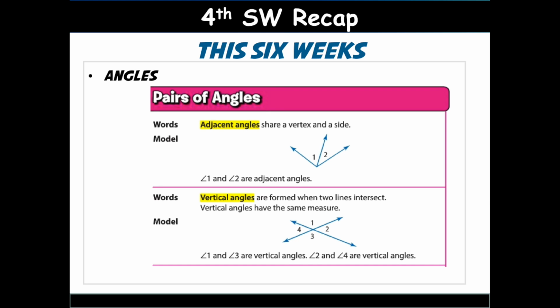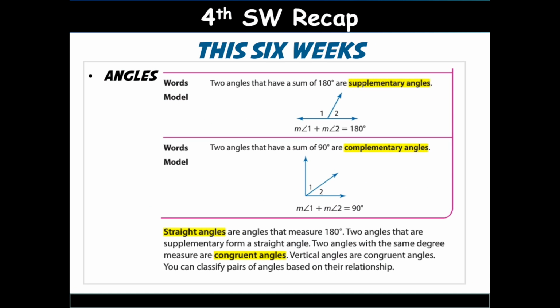For example, angle 1 and angle 3 are vertical angles because they're right above each other. Or angles 2 and 4, those would be considered vertical angles. So if they share a vertex and a side, they're adjacent. If they're on top of each other, vertical angles, or side by side.